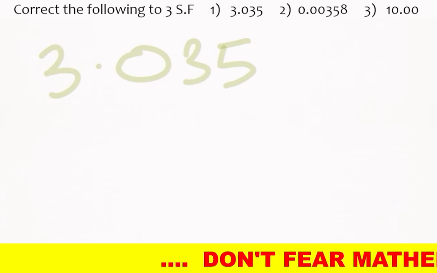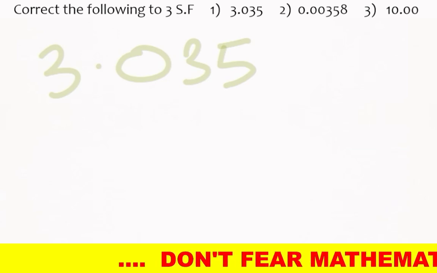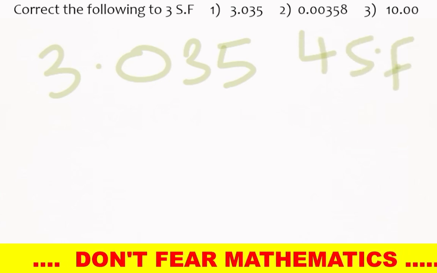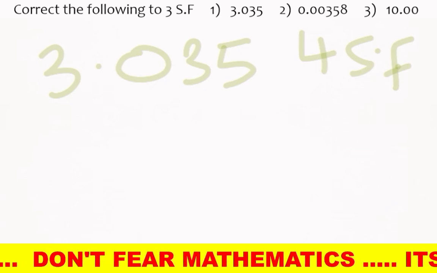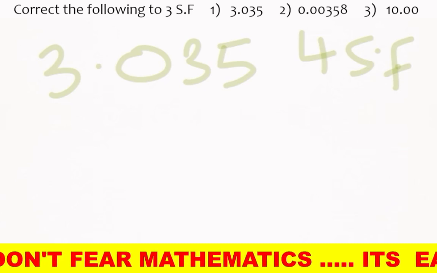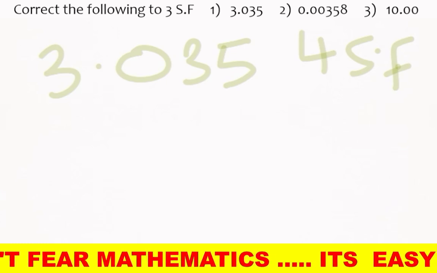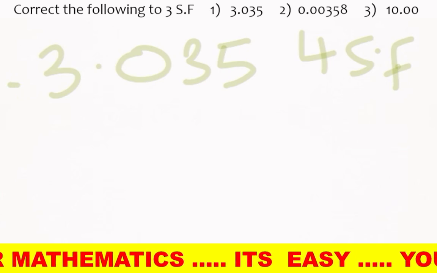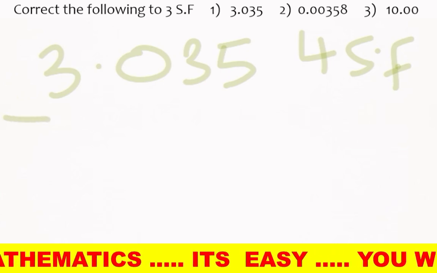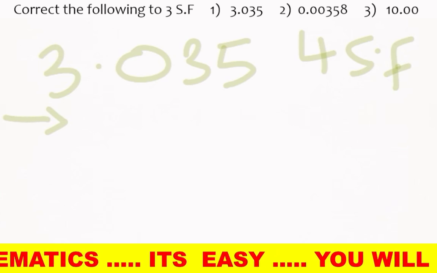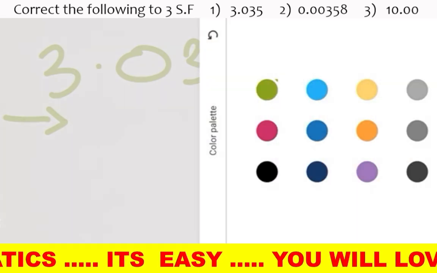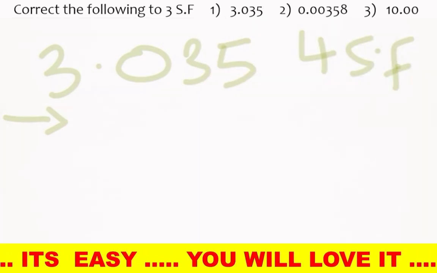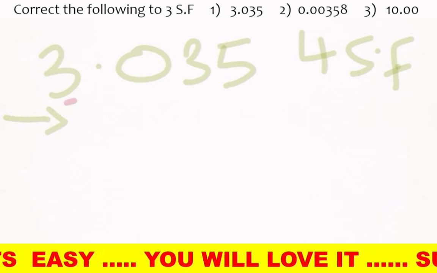Since we've seen that this question has 4 significant figures, and the question is also telling us that we should correct it to 3 significant figures, we should start from our left to our right. Which number is the first significant figure from your left to your right? So we have 3. So this is the first significant figure.